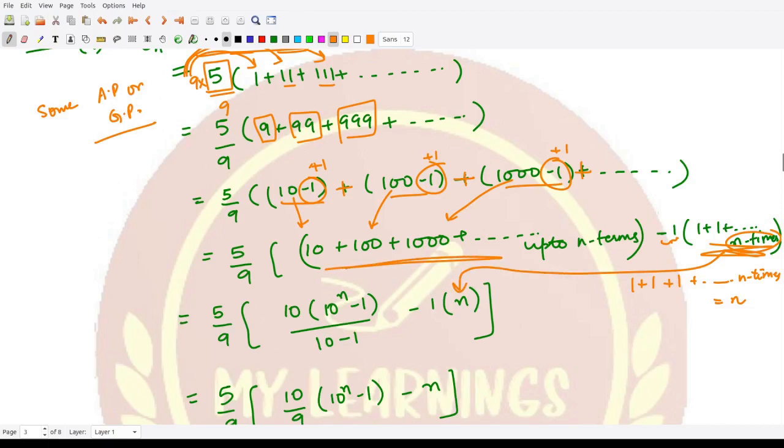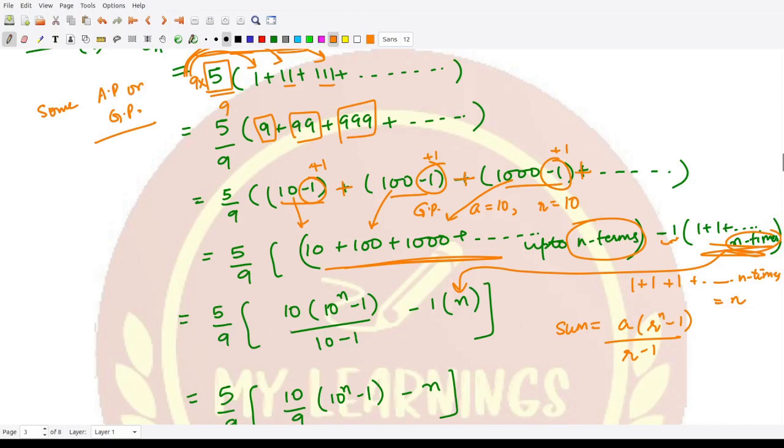And this forms a GP with the first term as 10, and the common ratio: if you divide 100 by 10, you get the ratio as 10; if you divide 1000 by 100, you get the ratio as 10. So r is the common ratio and we are going up to n terms. Therefore the sum in this case is given by a times r raised to power n minus 1 divided by r minus 1.